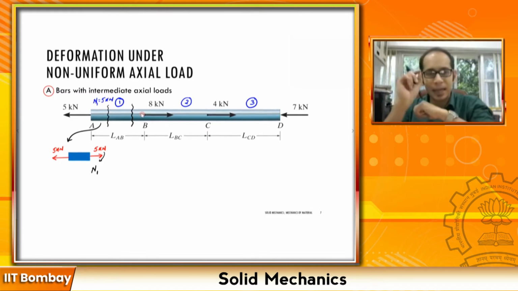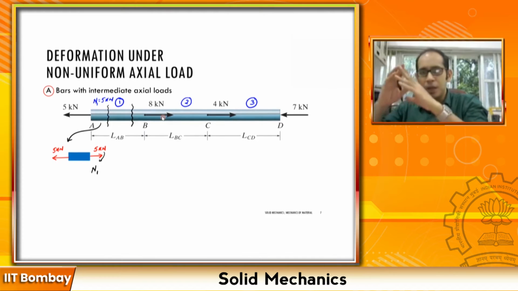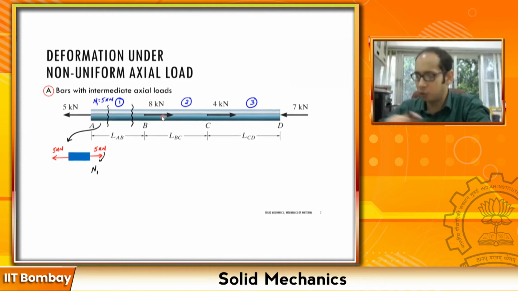Now at exactly the point B, I'm applying this another load of 8 kilonewton. So I'm going to have a jump in the loads. I'm going to have a discontinuity over there. Now, while I'm in section 2, let me again draw a free body diagram of a chunk over there, right?